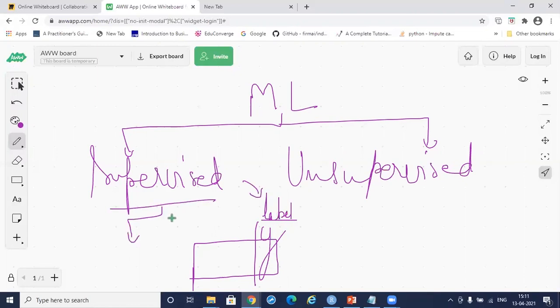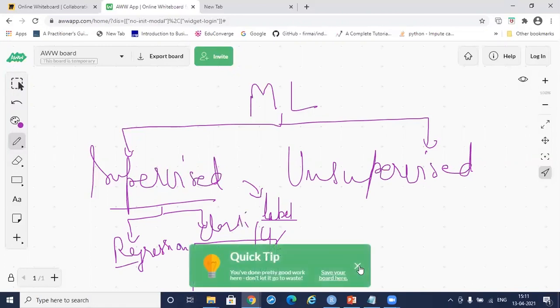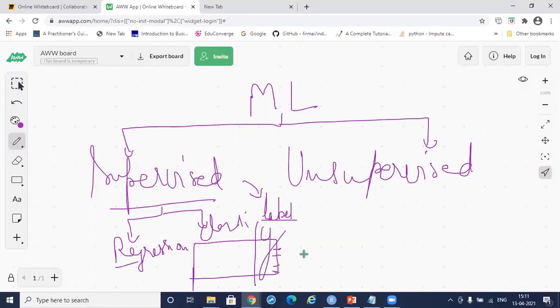Either we can do regression, if the Y label has continuous values, or classification, when the Y label has multiple categories. So supervised learning is used where we have the Y label, and during supervised learning the output is always present.